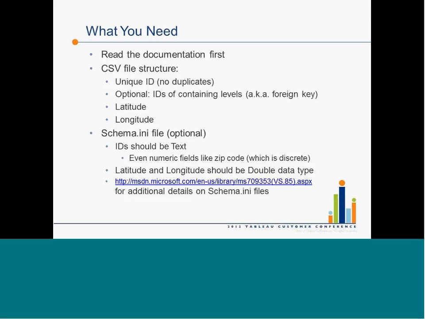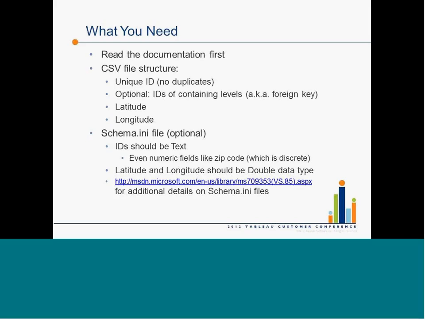The kinds of things you'll need: first of all, there's a lot of good online documentation with Tableau to talk about it. But essentially, what you're going to need is a CSV file with at least one unique identifier. It can contain other information, so plant names or smaller city names or whatever it's going to be, airport codes, that sort of thing. And of course, most importantly, latitudes and longitudes. Optionally, and we're not going to get into this too deeply today, there's a schema.ini file.